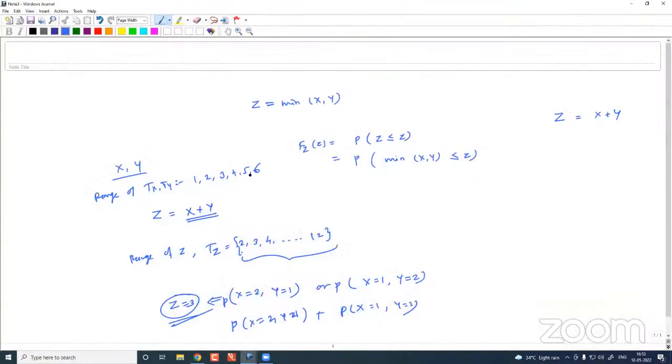So what you have to find here, I'll tell you. My X is geometric P. So what is the range of X? 1 to 6. And what is the range for Y?